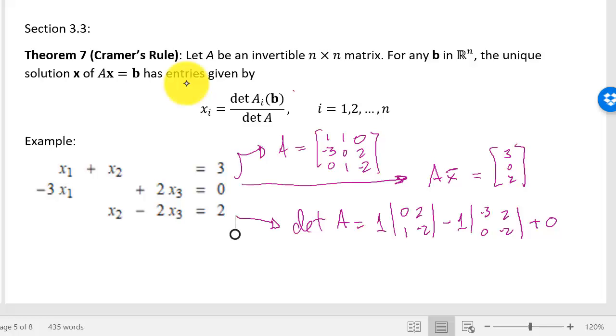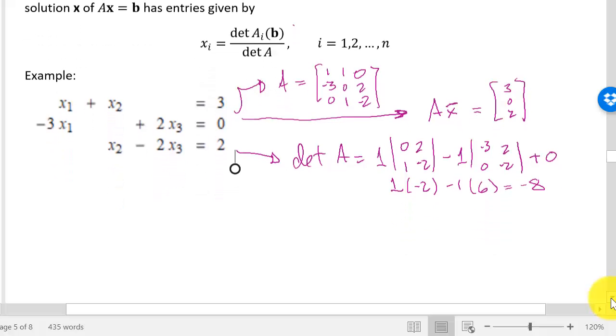And so what we have is 1 times negative 2 minus 1 times positive 6. So it looks like our determinant is negative 8. Okay, so that's a good start.